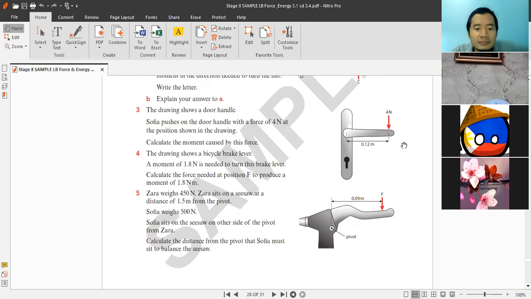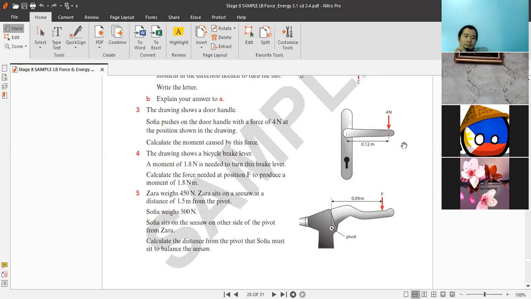Sarah weighs 450 newtons. Sarah sits on a seesaw at a distance of 1.5 meters from the pivot.